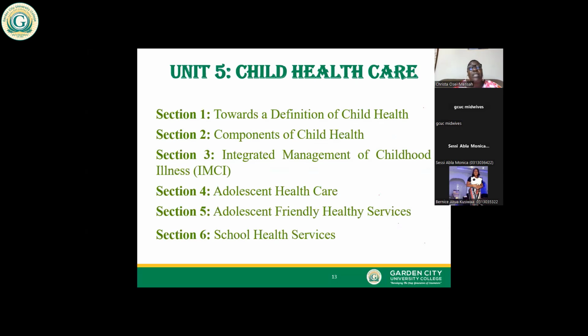And then there's unit 5, we'll look at child healthcare, where we look at the definition of child health, the components of child healthcare, integrated management of childhood illnesses, adolescent healthcare, adolescent-friendly health services, and then school health services.